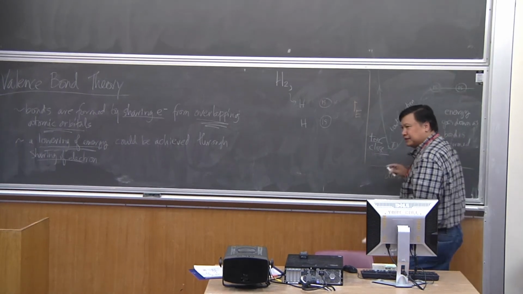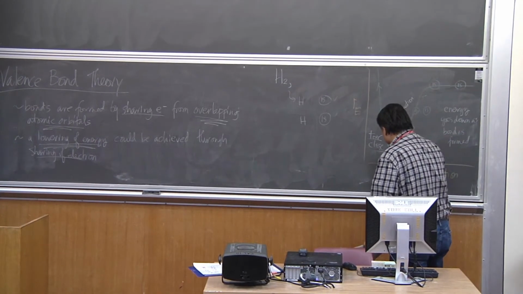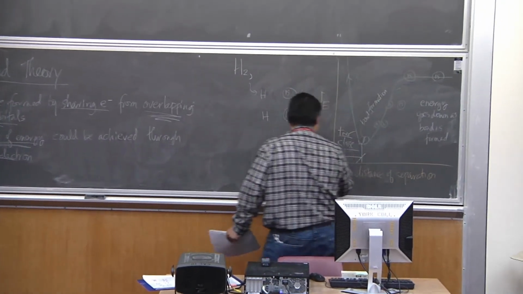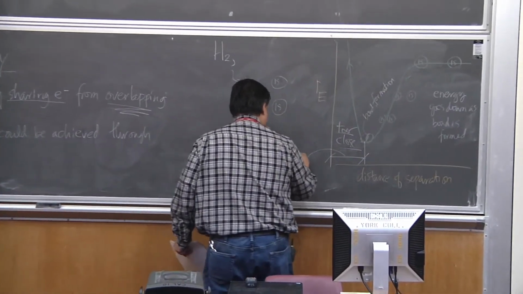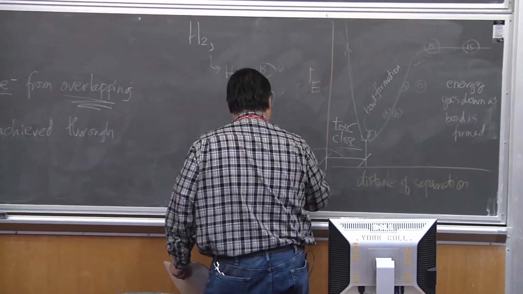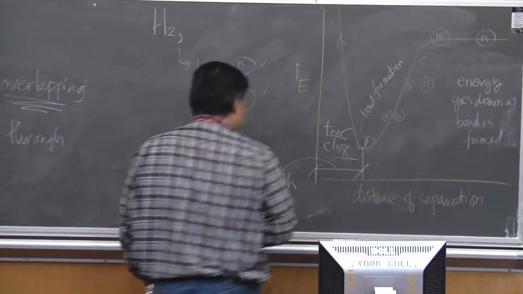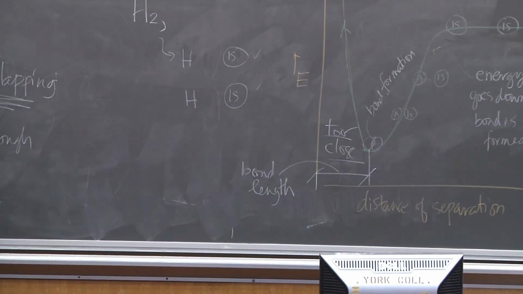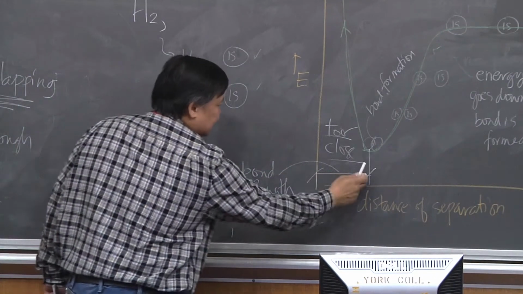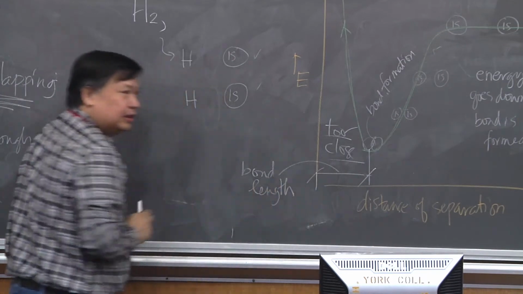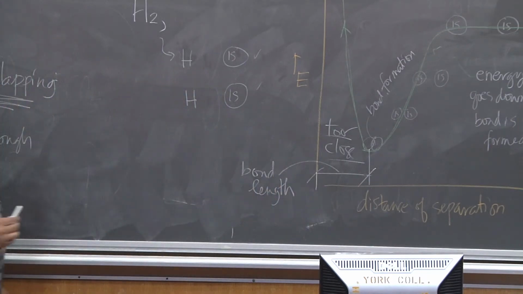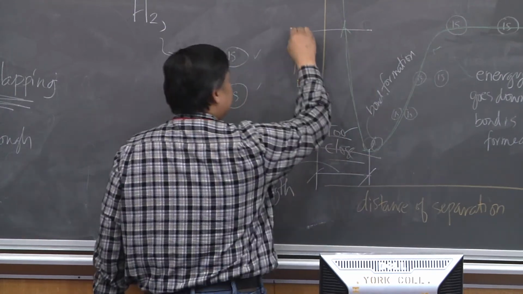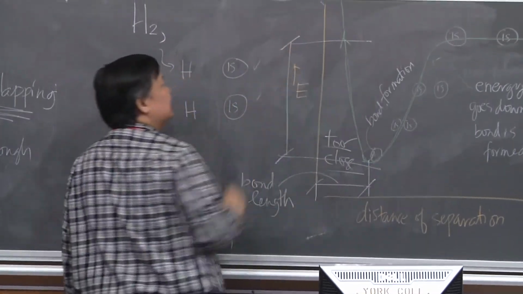If I define some terms, this distance is your bond length. So the distance defined by this is your bond length. And what do you think this change is?